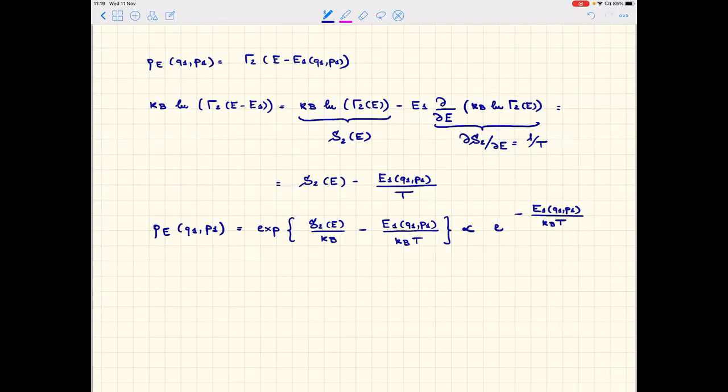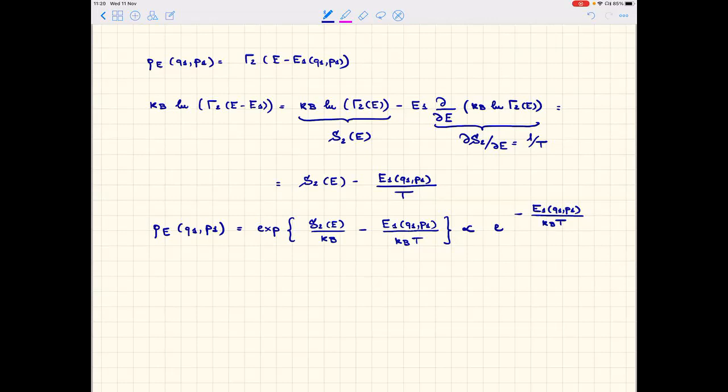Now, this is a density, a projected density. It's as if you take a hypersurface of the total system, then you project everything on the subspace of system 1, and then you look at the density of points in the subspace of system 1, and this density is going to be given by this expression here.